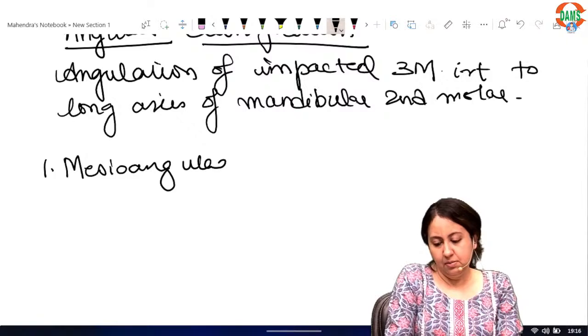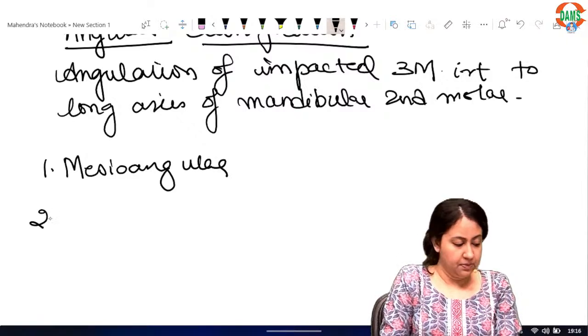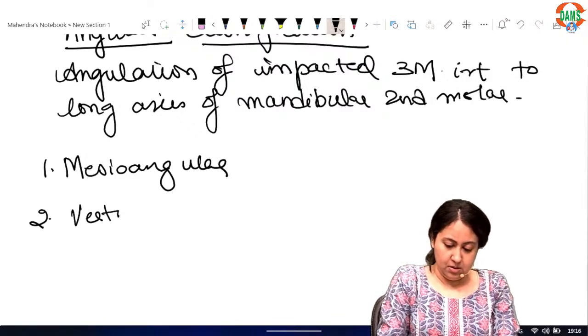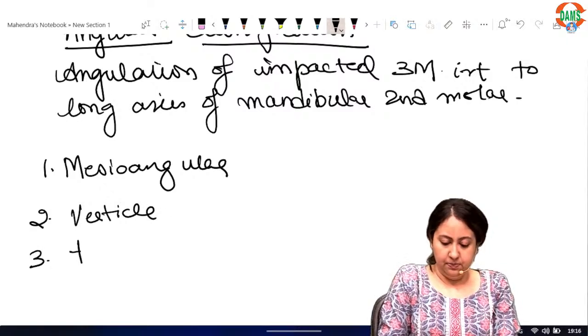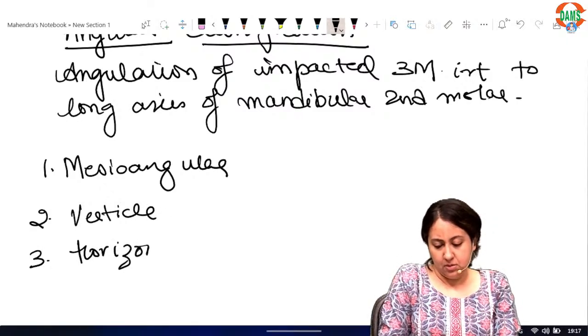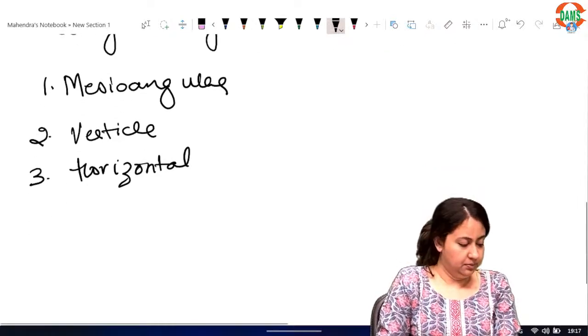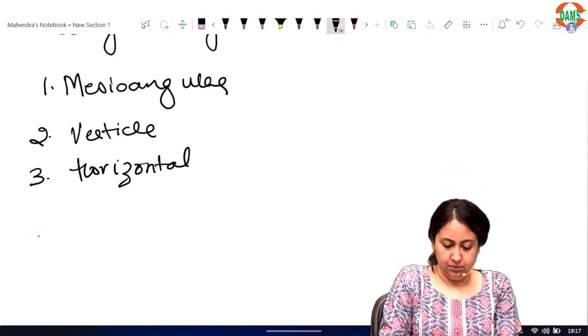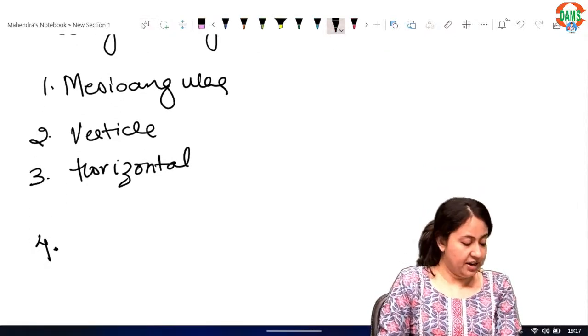Now this will be mesioangular, vertical, horizontal. Please write down.